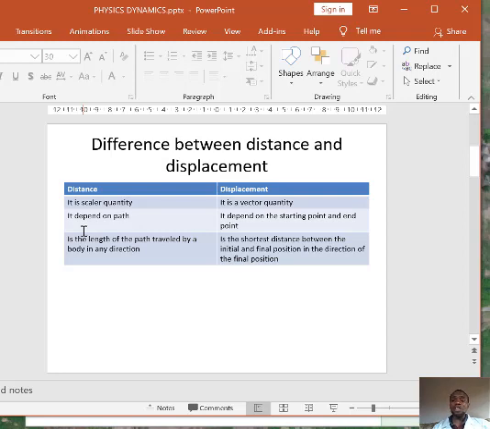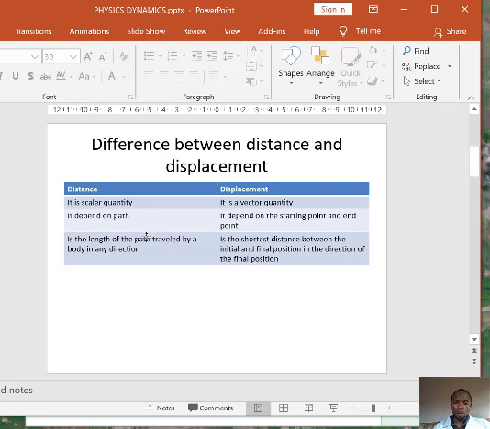But if you are to calculate the displacement, that depends on the starting point and the end point, meaning you are going to find the resultant displacement between the starting point and the end point, which will give you 5 by Pythagoras theorem. So distance depends on the path, while displacement depends on the starting and the end point.